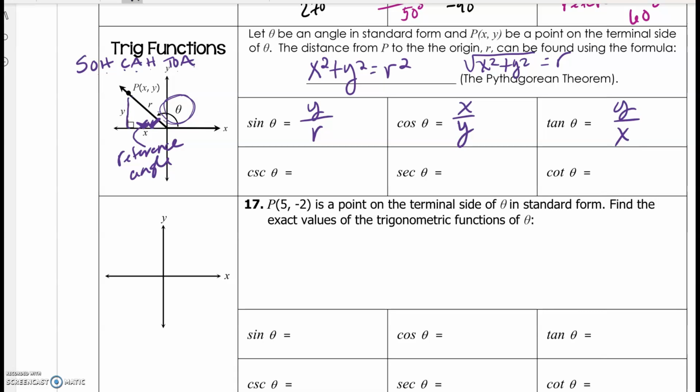So reciprocal means just inverting. So now cosecant is r over y. Secant is the reciprocal of cosine, so it's r over x. And then cotangent is the reciprocal of tangent, so it's x over y. These are reciprocals.